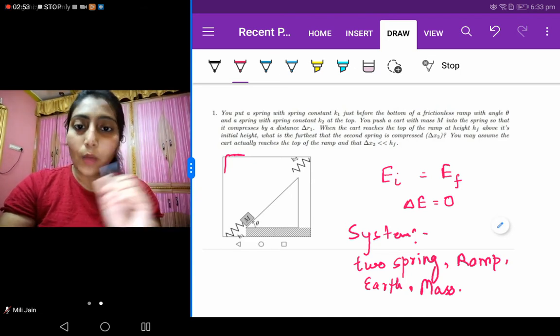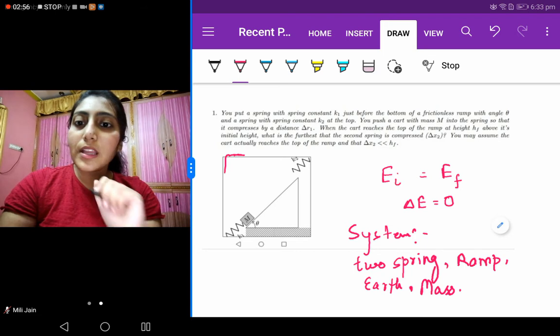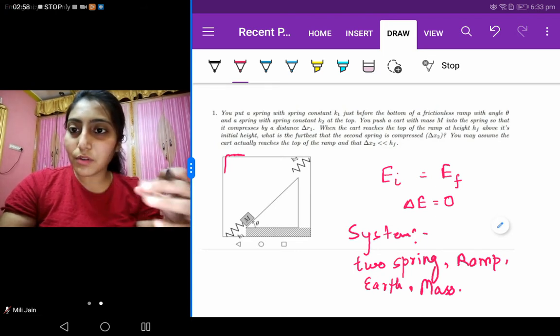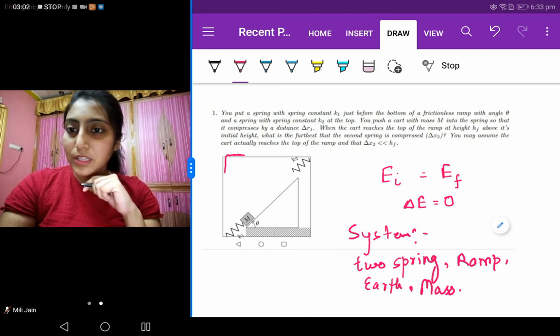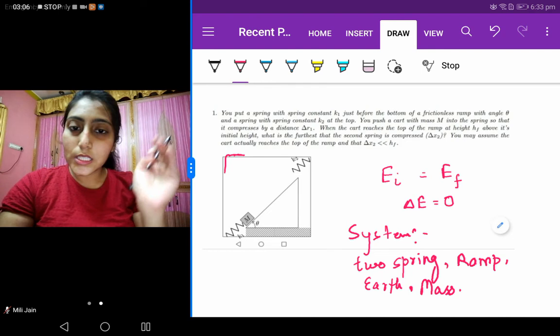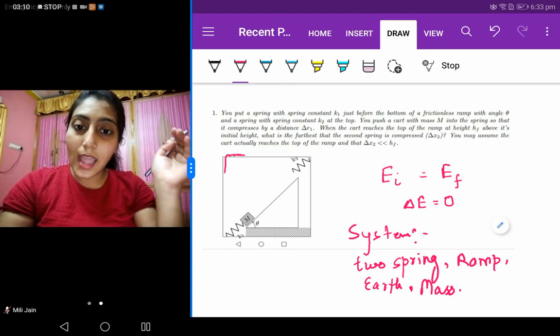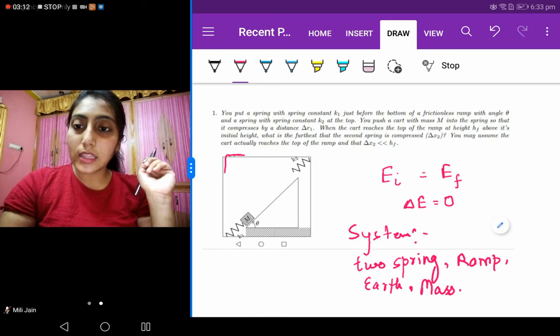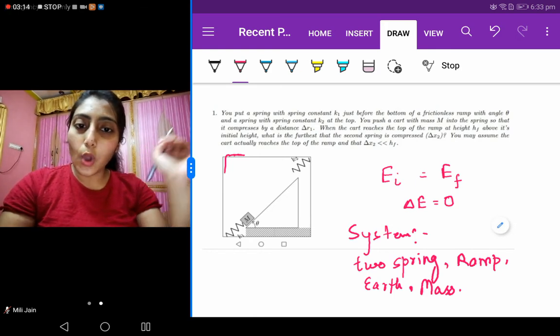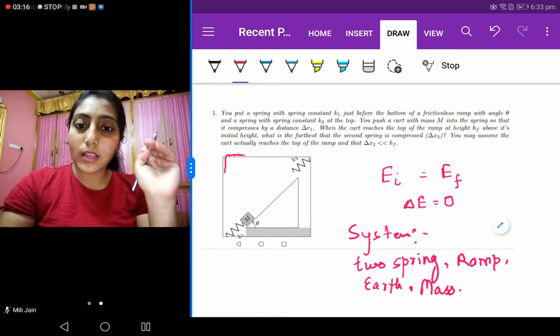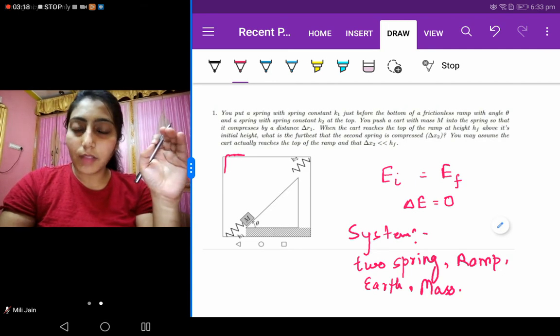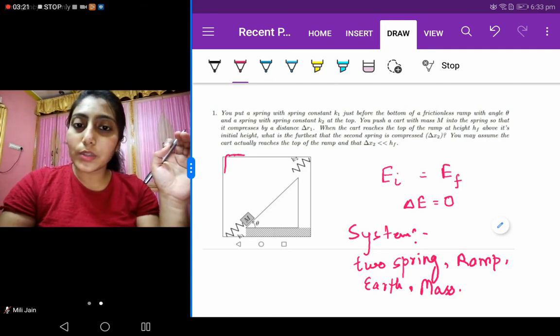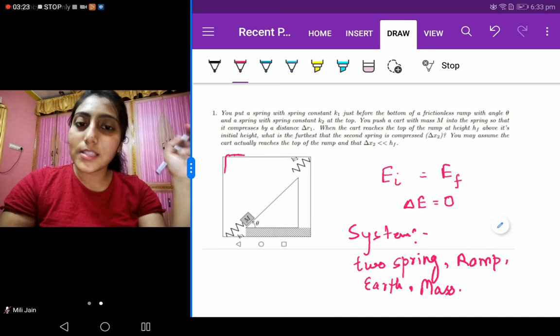Okay, now what are the energies involved in this closed system? What kind of energy transfer is happening here? Look, initially we have the spring potential energy, right? When the mass is going up, this spring potential energy is converting into what? Kinetic energy and gravitational energy. Then when it reaches the top of the ramp, the kinetic energy is converted into the spring potential energy of the second spring.